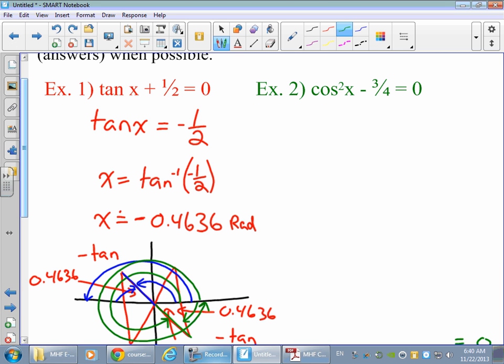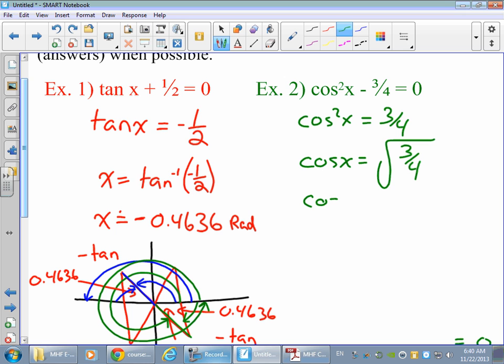So as we continue forward here, again, this question is really just similar to something like this. I have an unknown value squared minus 3/4 equal to 0. What I would do if it were a y, I'd add the 3/4 over, so I'll do the same thing here. Add 3/4 to both sides, and then take the square root of both sides.